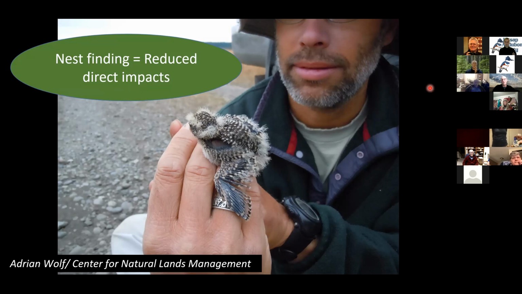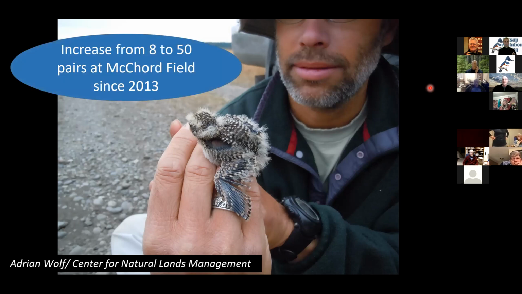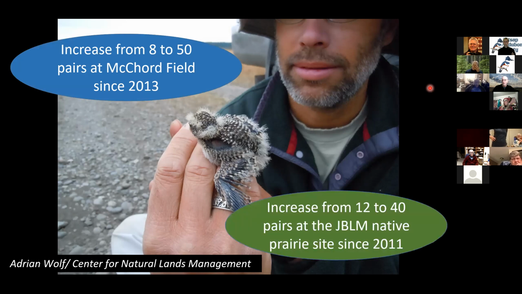They're not residents there year round, so they head south. And that has really enabled the birds to increase up to 50 pairs at McChord Field in the last 9 years, and from 12 to 40 pairs on the native prairie in the last 10 years. So a lot of good news there.